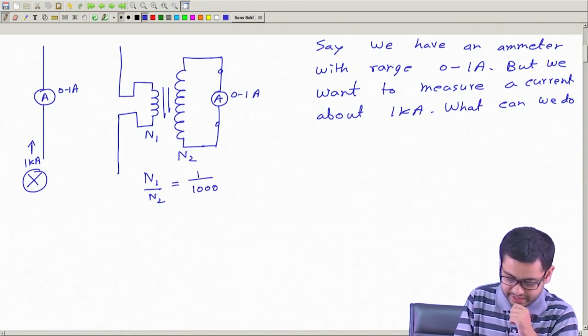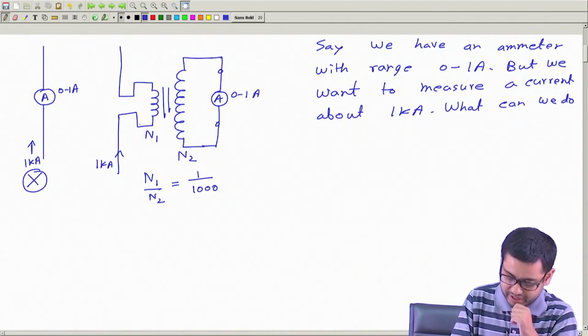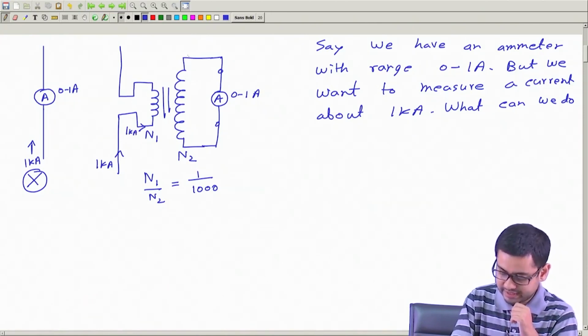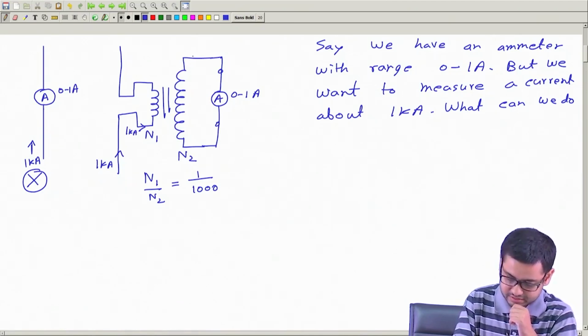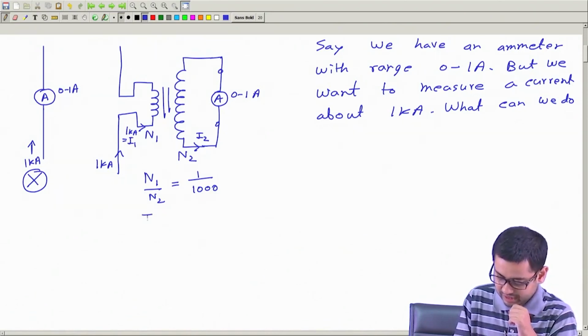Then if this current is 1 kiloampere, that means 1 kiloampere current is flowing here. The current that will flow in this circuit is I2, this is I1. So we can write I1 N1 equal to I2 N2.